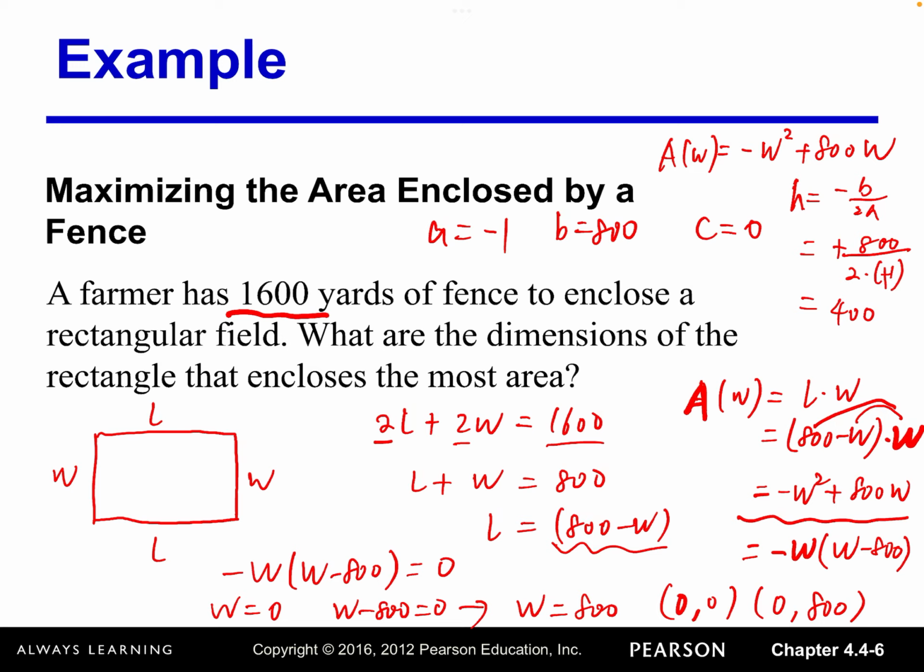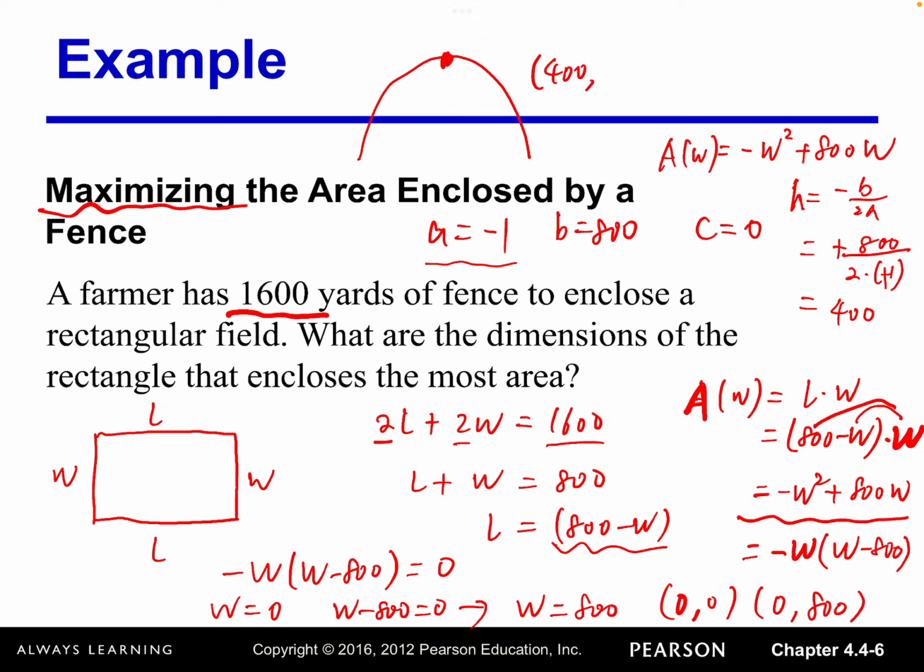And then because the leading coefficient a is a negative number, we know the parabola opens downwards, right? So we can find the vertex, which is the highest point. We want to maximize the area, so the vertex is what we're looking for, and the x-coordinate equals 400. And what about the y-coordinate?